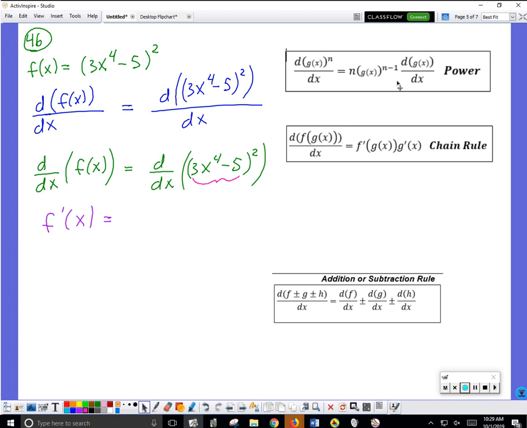So the rule says this is equal to n, which is 2. So I write down 2, parenthesis g of x, close parenthesis, and subtract 1.